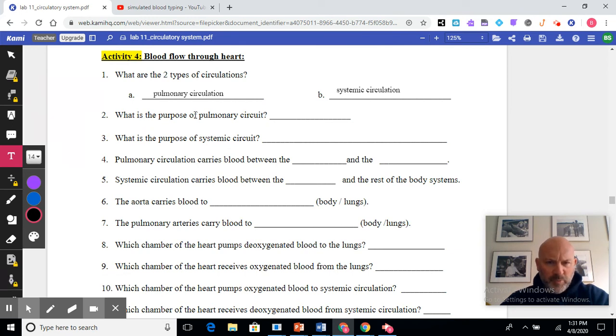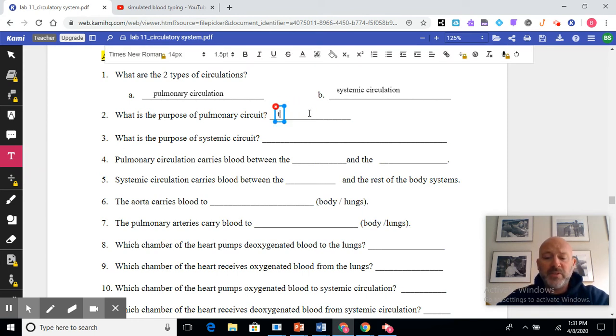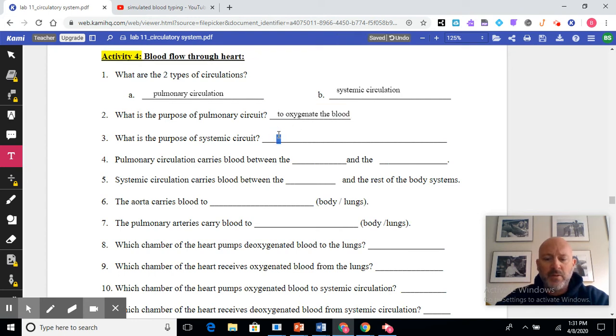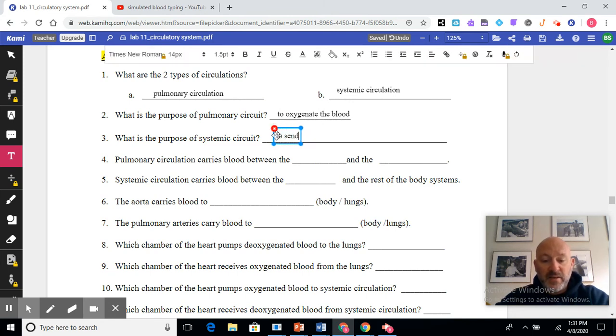This is asking, what is the purpose of the pulmonary circuit? Well, to oxygenate the blood. And what is the purpose of the systemic circuit? To send oxygenated blood out to the tissues, right?